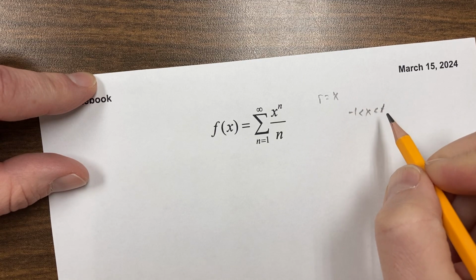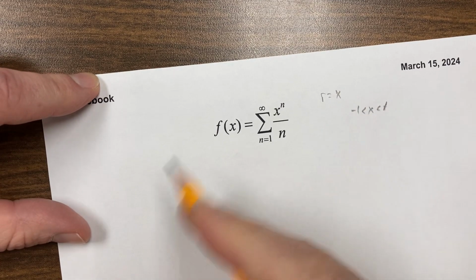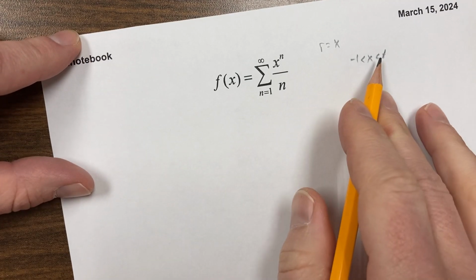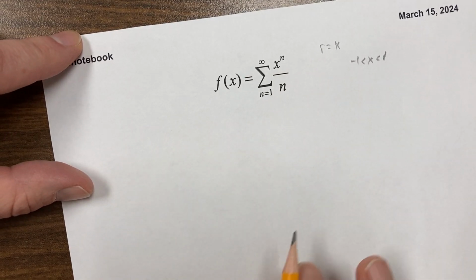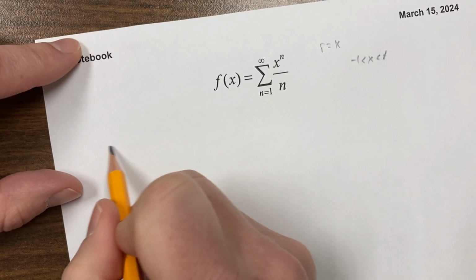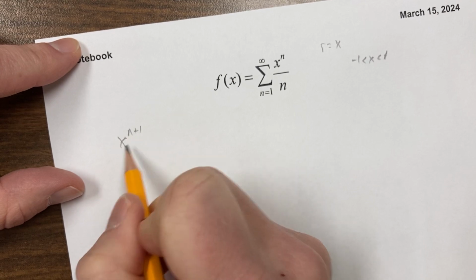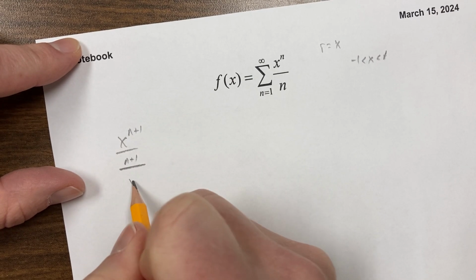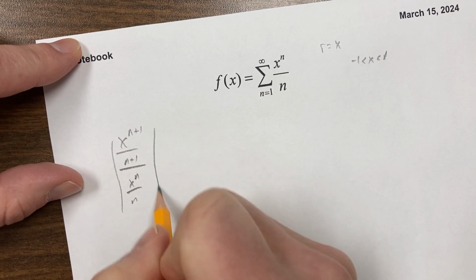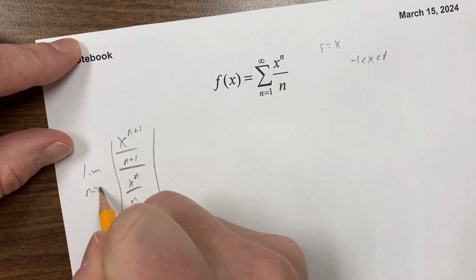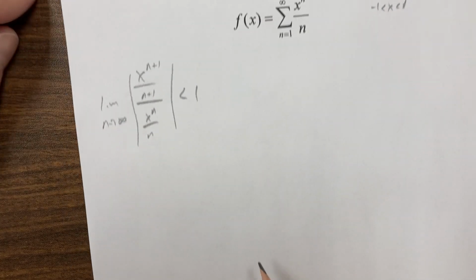You're going to be partly right. But let me show you through the ratio test. We'll get to the same place, but then we're going to show why that's not the full answer. So we'll have x to the n plus 1 over n plus 1 divided by x to the n over n. The limit as n goes to infinity, and we want that to be less than 1.